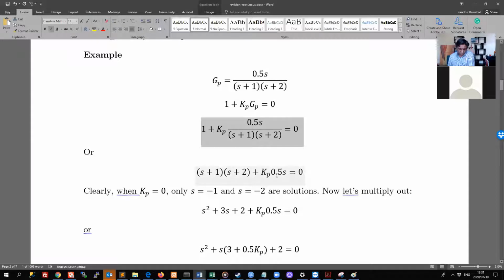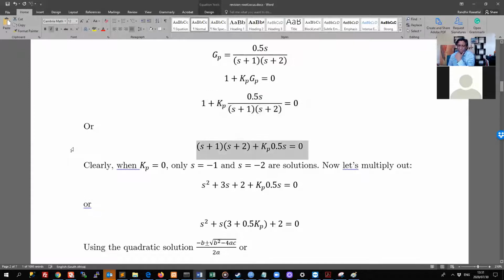So you're left here with Kp 0.5s. Right, and if you look at this equation, remember, we want to know where the poles are. So we want to know the values of s that make this equation true.